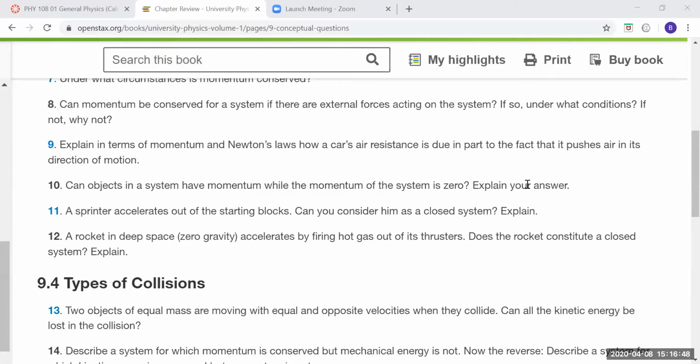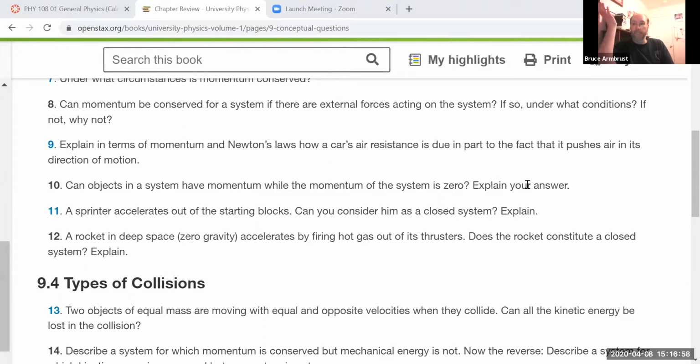The system may be 0, but the objects themselves have momentum afterwards. Does that make sense? If they're equal and opposite? What you just said to me totally makes sense. What I want to turn it around to everybody else is, what do you think? Does that sound reasonable?